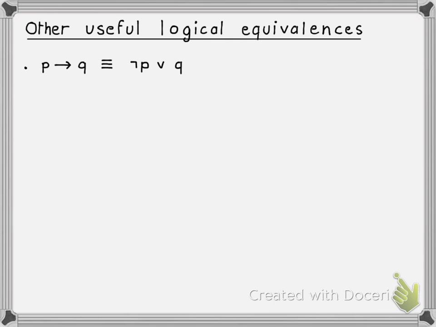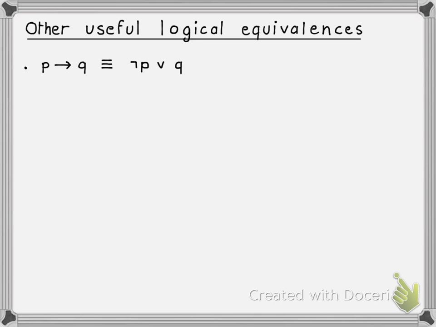Remember that the only time this implication is false is when P is true and Q is false. On the flip side, P implies Q is true as long as P is false, regardless of the value of Q. And P implies Q is also true as soon as Q is true, regardless of the value of P. These are the other three cases in the truth table.